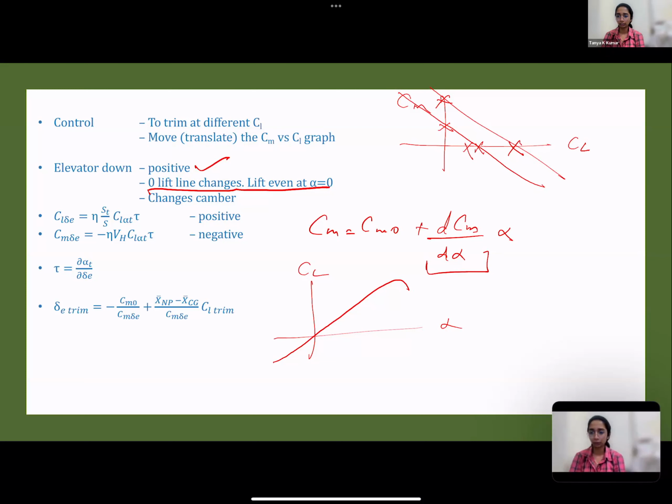Does the slope change? When I deflect the elevator down, the camber changes. It becomes cambered. So what happens to the CL versus alpha graph, which was initially a symmetric airfoil and became a cambered airfoil? Now how will the graph look? What will change in this graph?